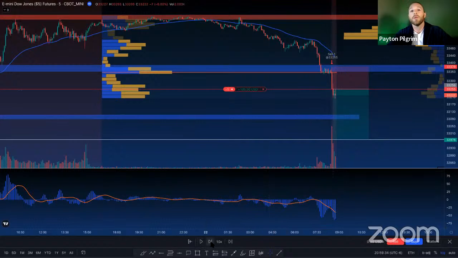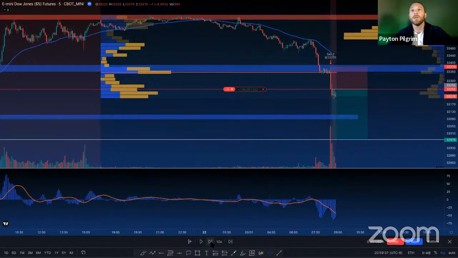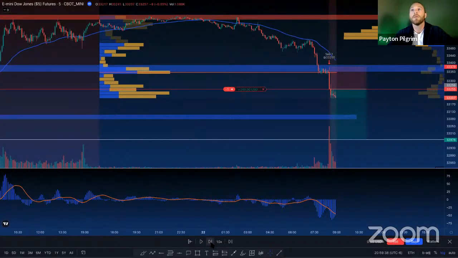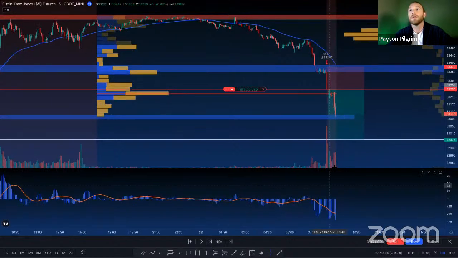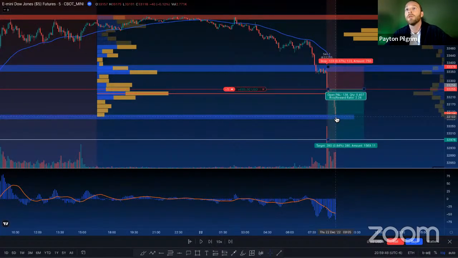So we'll see what that means or can do. Oh, nice drop. Okay, so it hit this TP1. So that's nice. We should probably move the stop to break even at least.